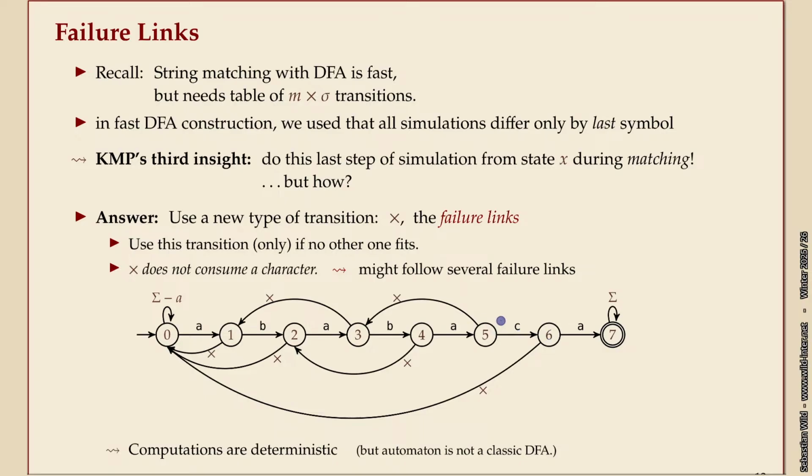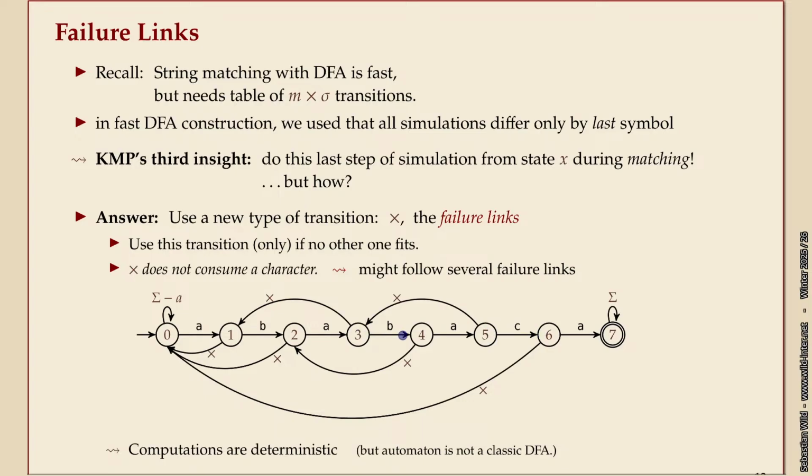In all the automata here, there will only be a single edge with a character on it. So if you're sitting here and you don't see a C, you have to follow this failure link. But you do not consume the next character of the text. The failure links are just updating the state of the automaton. You're still looking at the same character in the text, and then you try again. Maybe it wasn't a C here, so you had to go there.